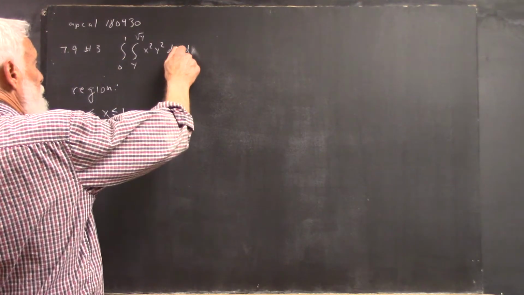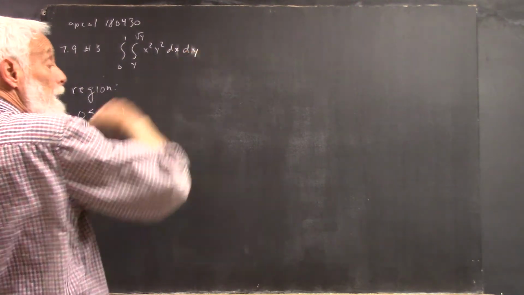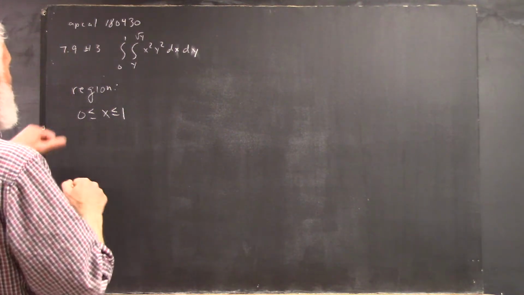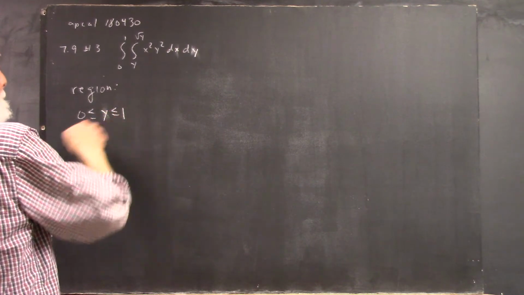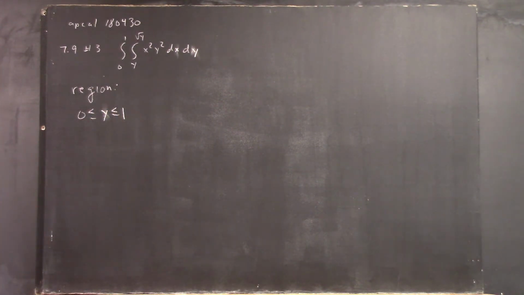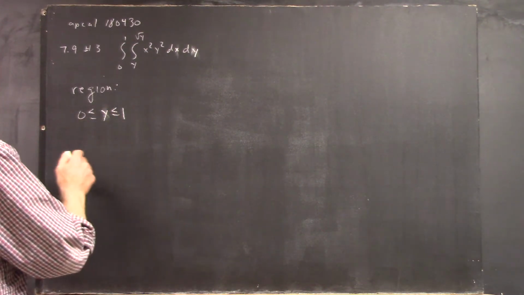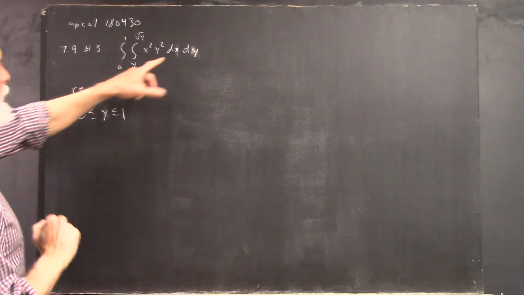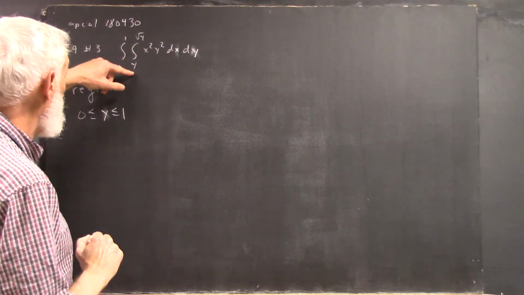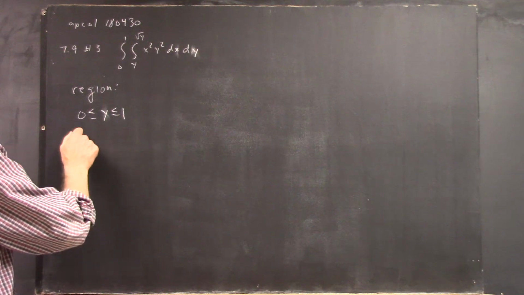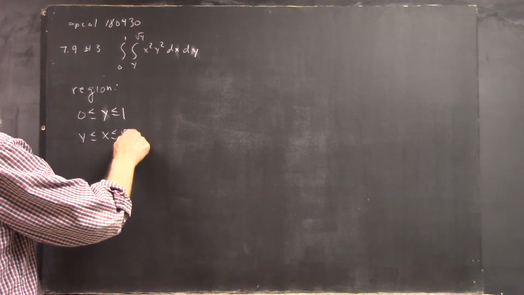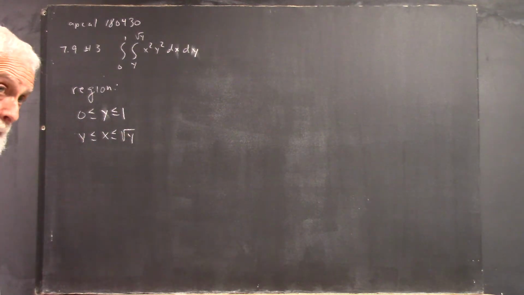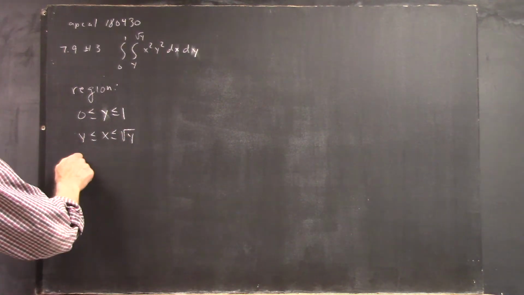Okay, the problem stated it was this interval and then this, right? So it's y that goes from 0 to 1. Then x has limits y and square root of y, so you have y less than or equal to x less than or equal to square root of y. Okay?